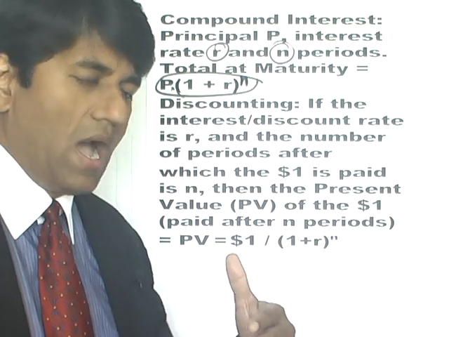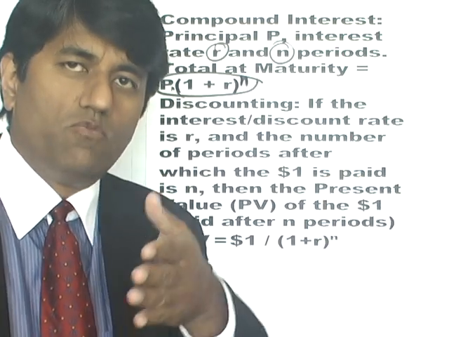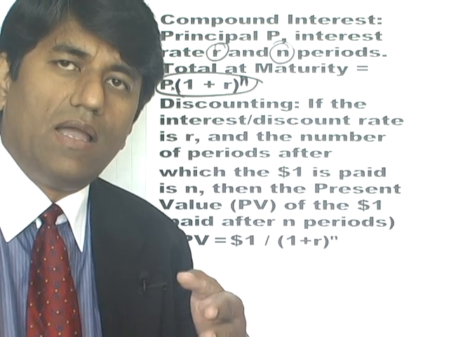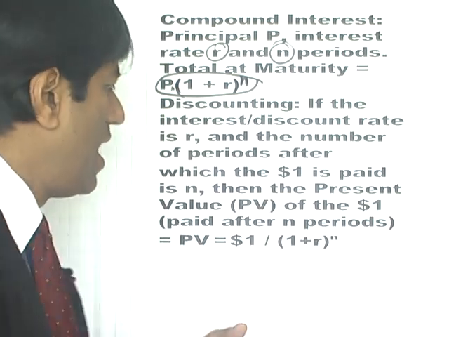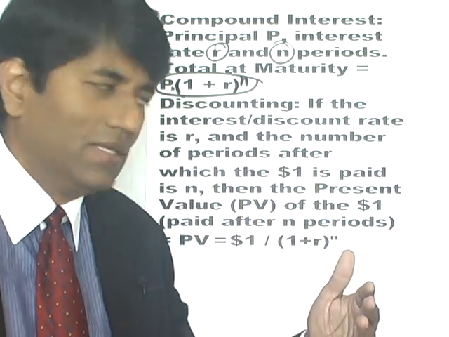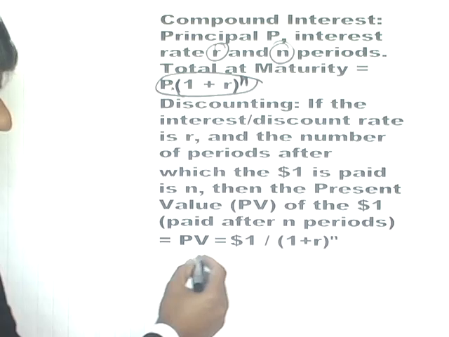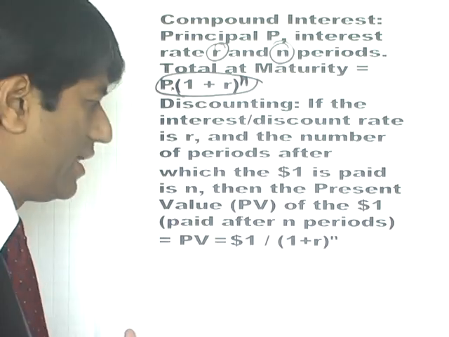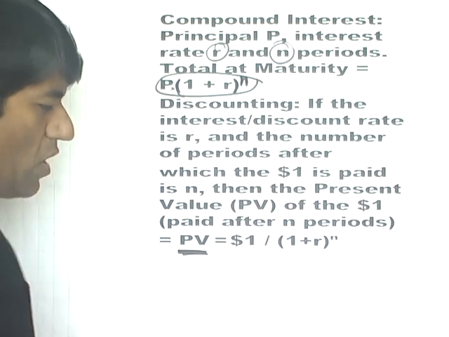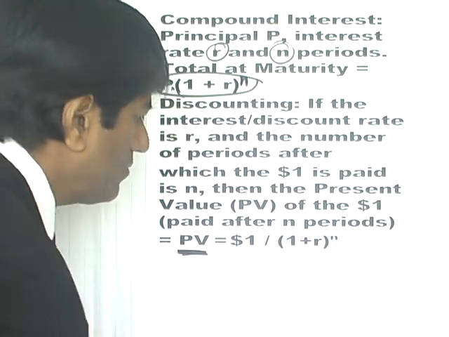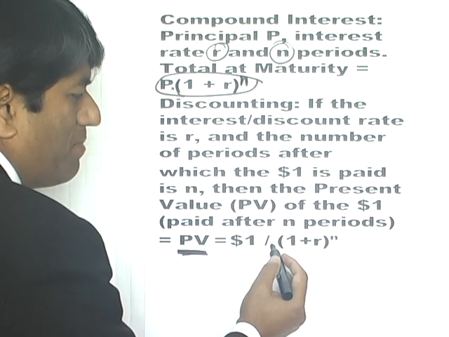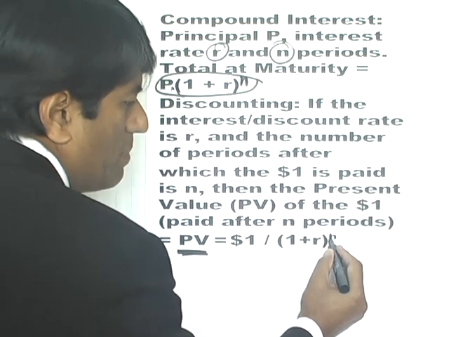Similarly, when you are discounting, every year that you move back, you divide by 1 plus d or 1 plus r, and if you move back n periods, then let's say you take $1 and you move it back n periods, the value of it today, which is called present value, would equal $1 divided by 1 plus r to the power n.